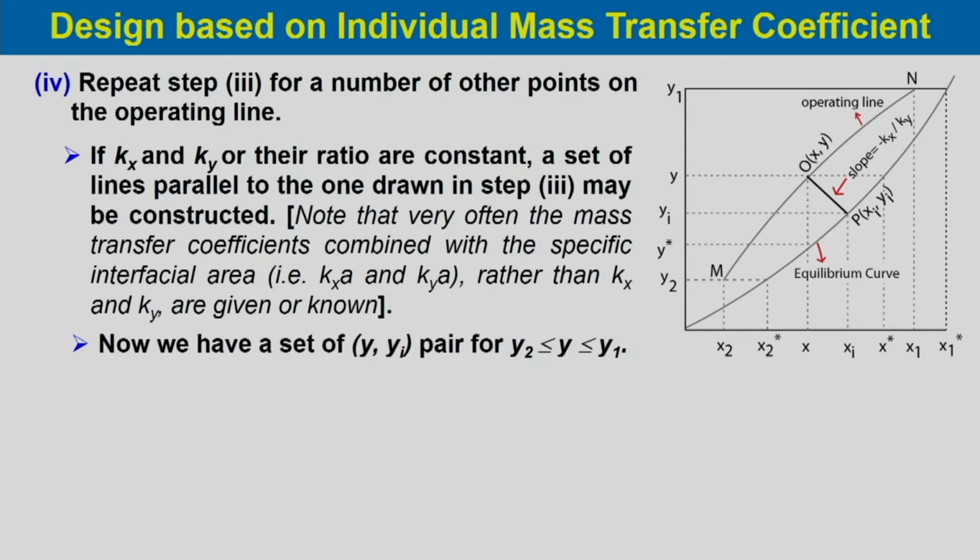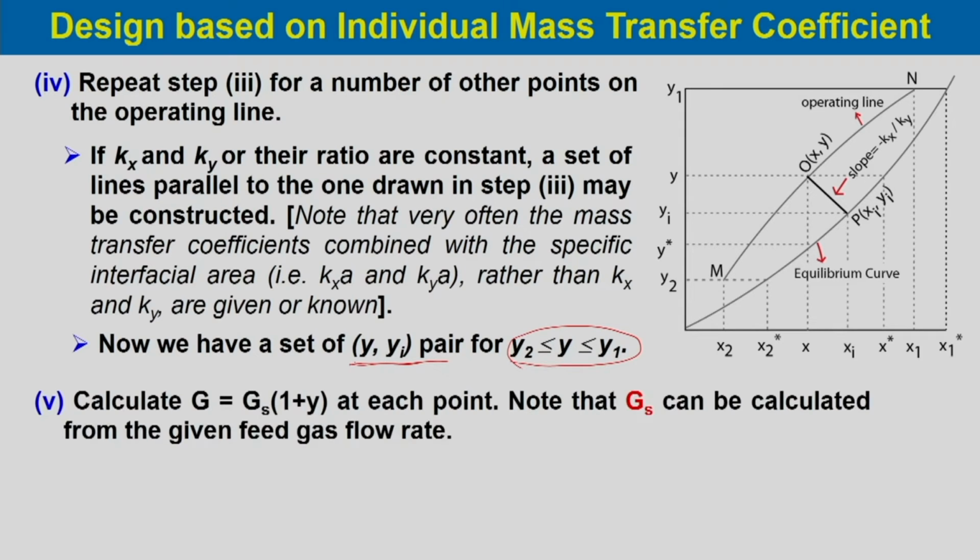Now, we have a set of y and yi pairs for y2 less than or equal to y, which is less than or equal to y1. So, within this limit we have a set of y and yi pairs. From the tie line we can obtain them for a particular system. Now, we can calculate G equal to Gs by 1 minus y at each point.